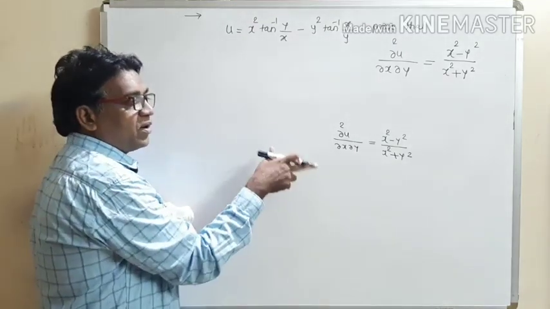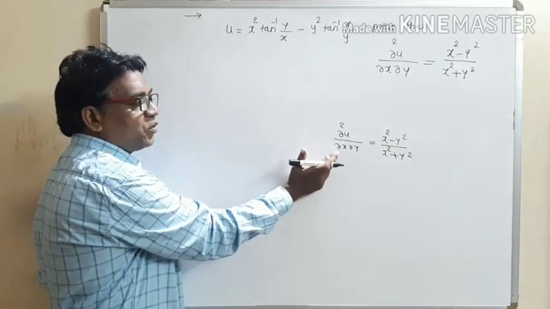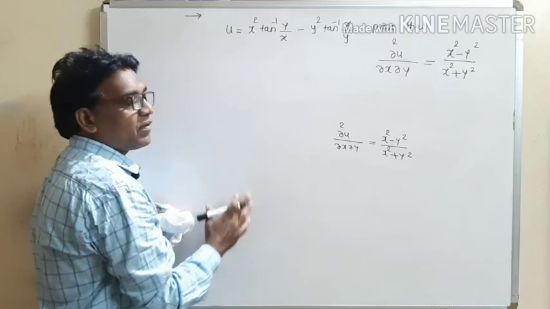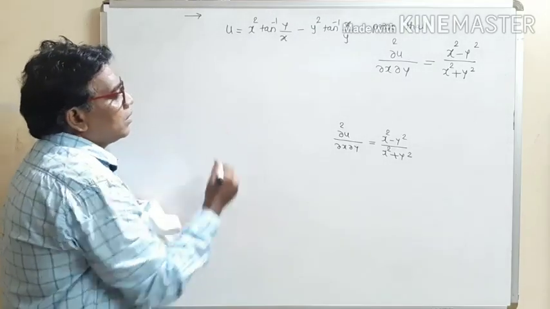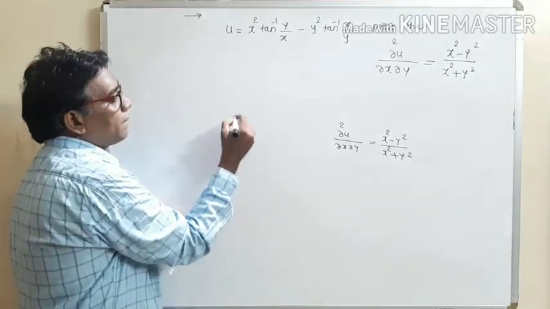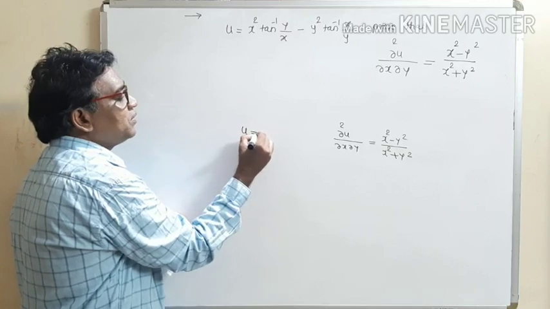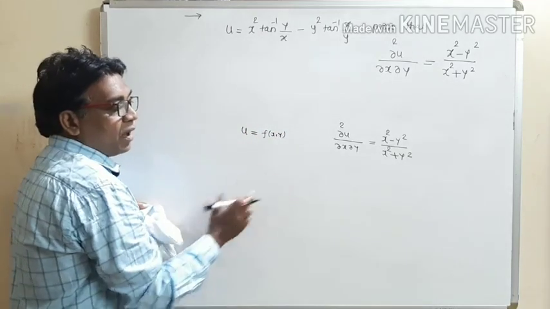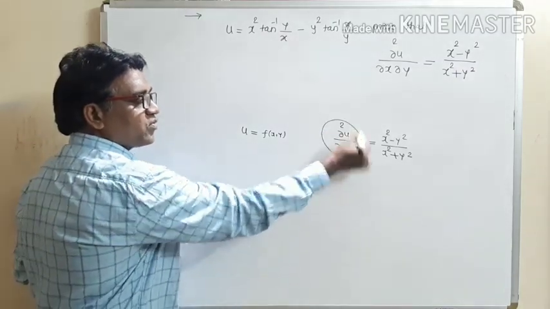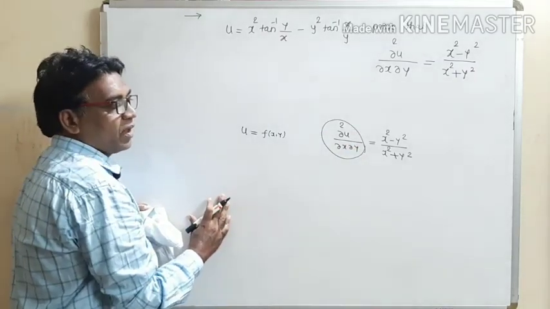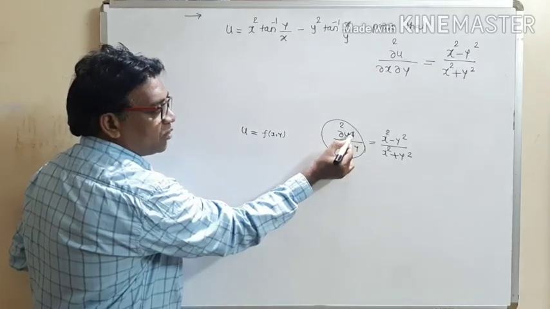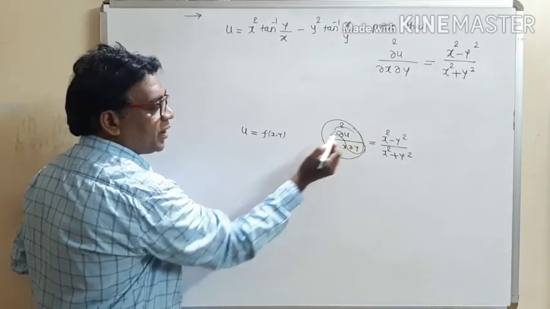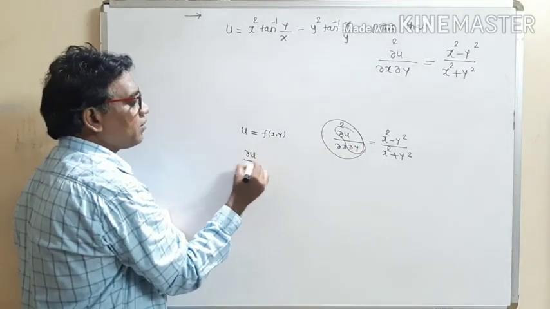Now see how to find out this value, ∂²u/∂x∂y. Now what is given? We are given u as a function of x, y suppose, and we want to find out this value ∂²u/∂x∂y. Now first of all, find out this partial derivative ∂u/∂y.